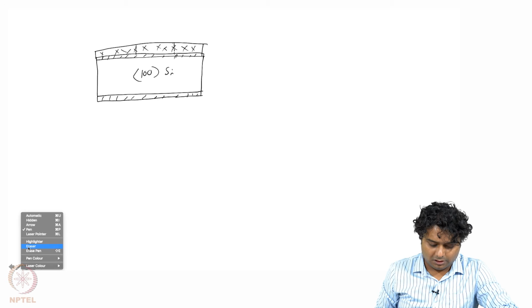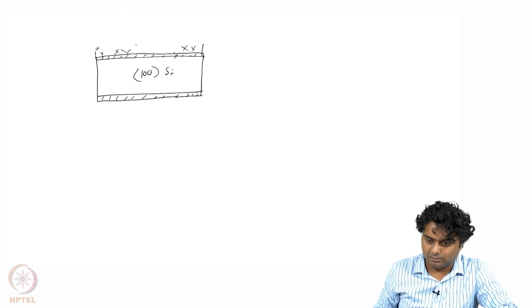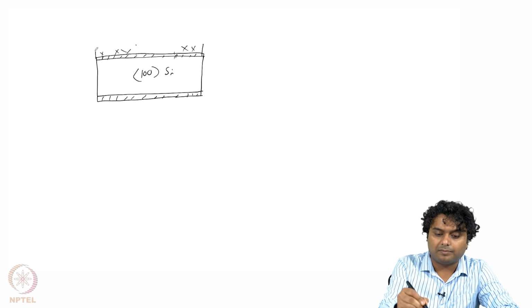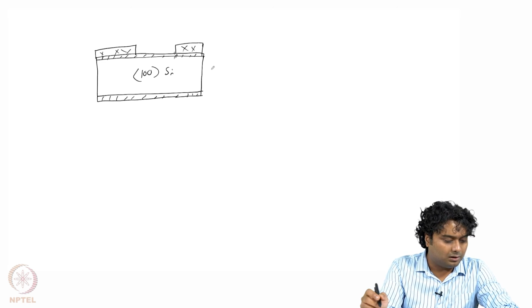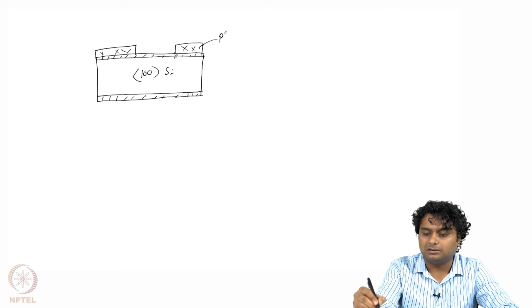So we can remove this region of photoresist, and we get something like this. Okay. Now, this is PR or photoresist, this is SiO2 silicon oxide, and this is silicon.